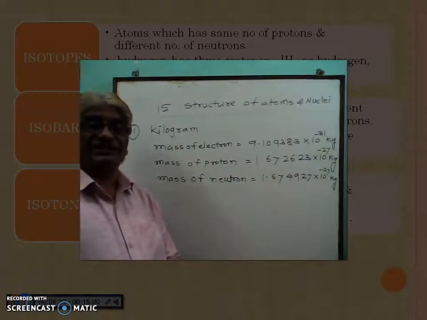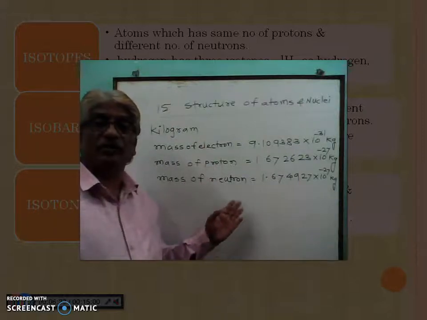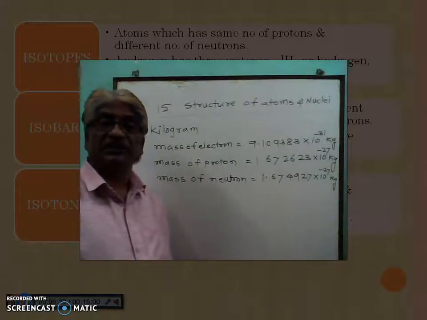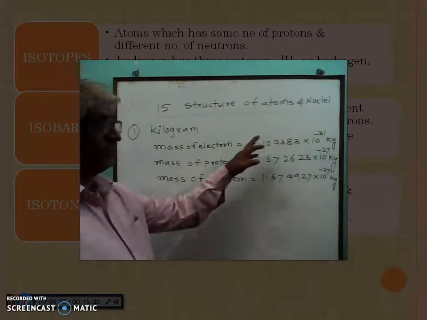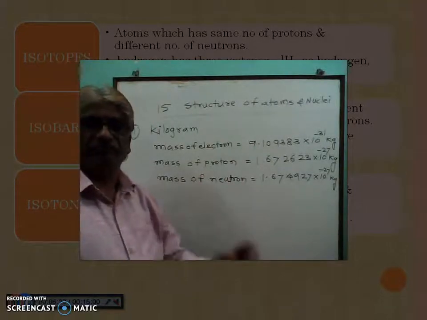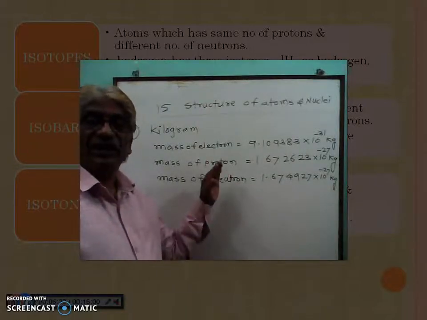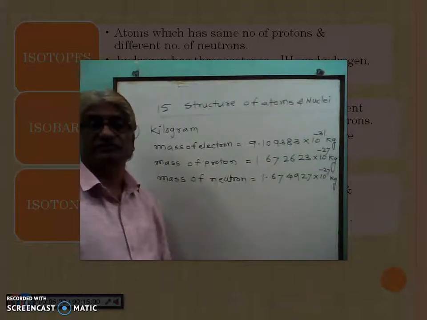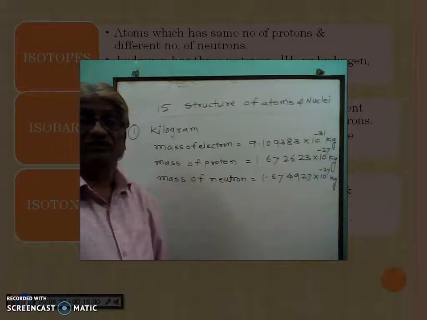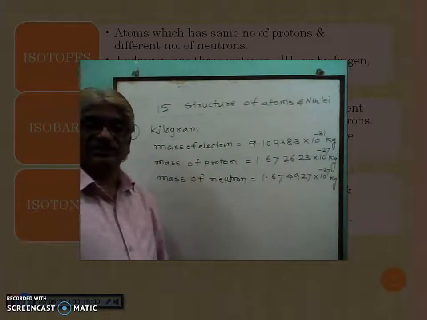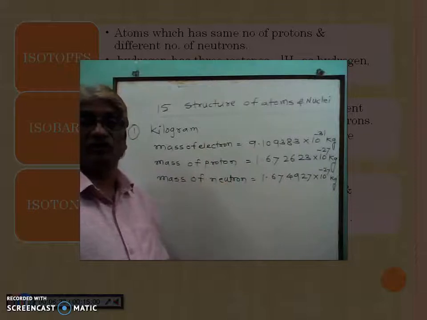If we see the masses of the three subatomic particles, we conclude that the mass of electron is negligible as compared to the mass of proton and mass of neutron. Mass of neutron is slightly more as compared to mass of proton.